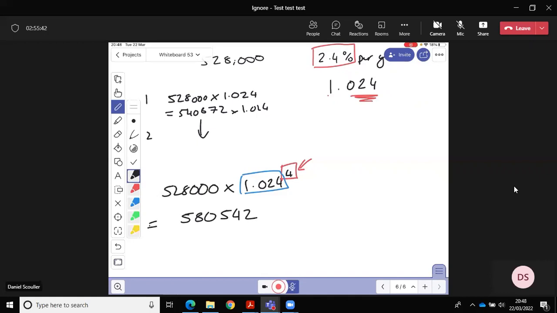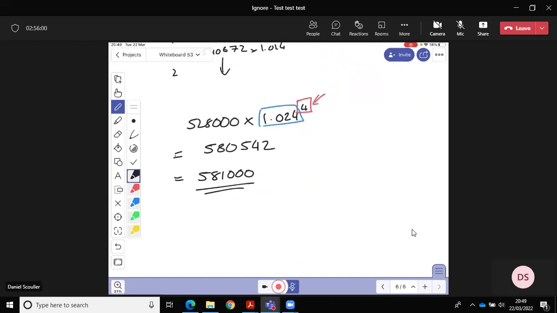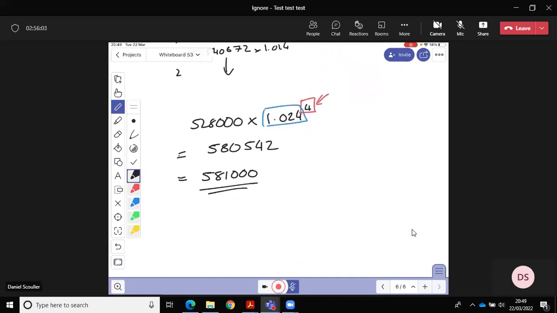Now they ask for it to the nearest 1,000. They'll always ask for it to the nearest 1,000 or the nearest 100 or to 3 significant figures. That's what we're looking for.